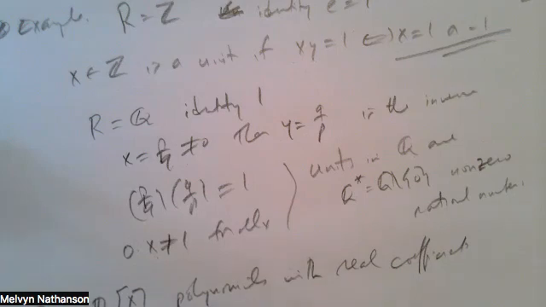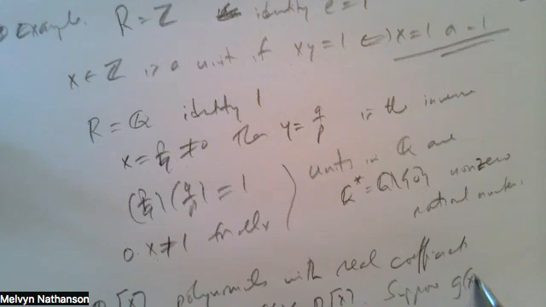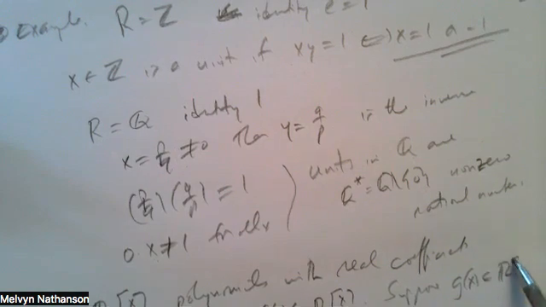What are the units? So suppose you have f of x in this ring. F of x is a polynomial. Suppose f of x is a unit. So you have a g of x, another polynomial, with f of x times g of x equal 1.